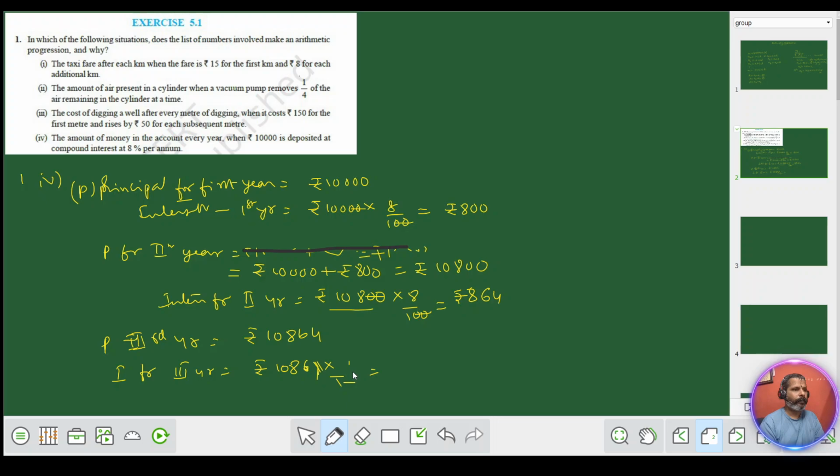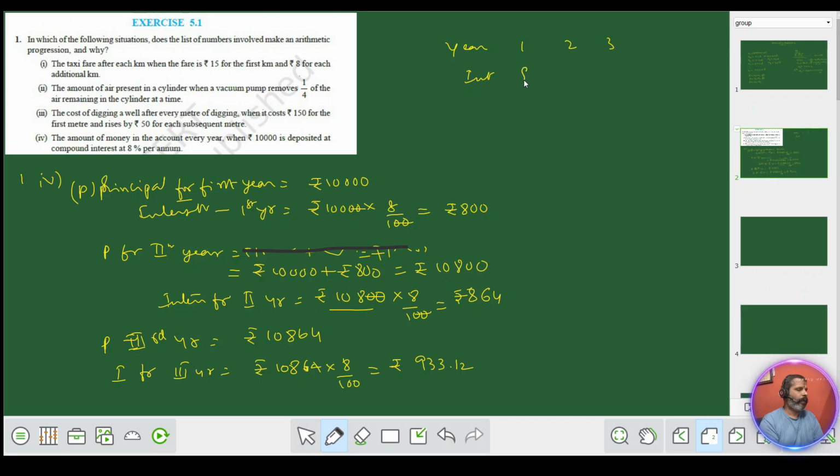I'll write it properly, pardon me for the pen issues. 10,864 into 8 by 100. I cannot cancel it here. It comes to rupees 933.12 after calculation.